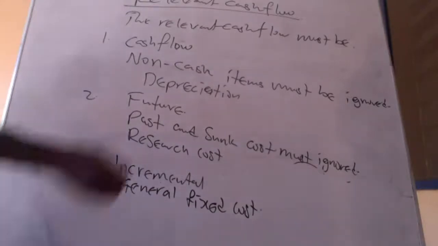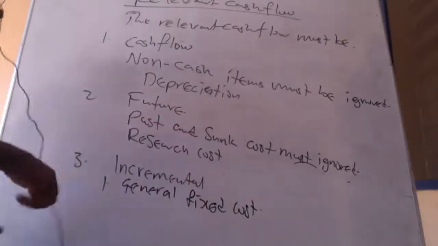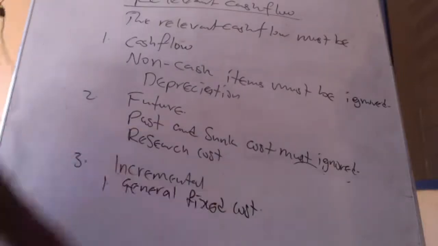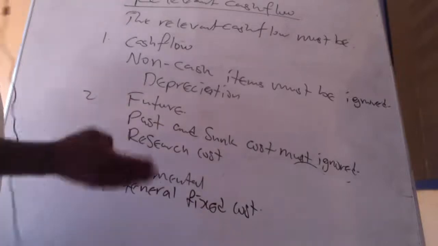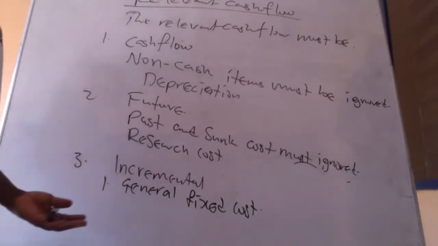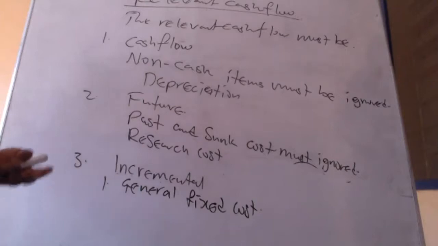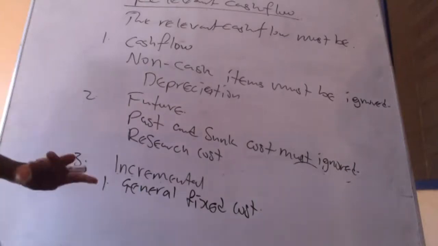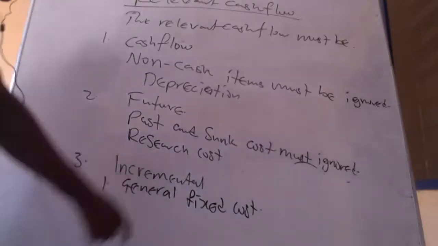Some cash flows, whether you go in for the project or not, will surely come, and such cash flows we don't need. An example is general fixed cost: your rent, the office premises. Whether you take the project or not, if you already committed yourself, you are paying your rent regularly. So you should not add your general rent payment to that of the project.